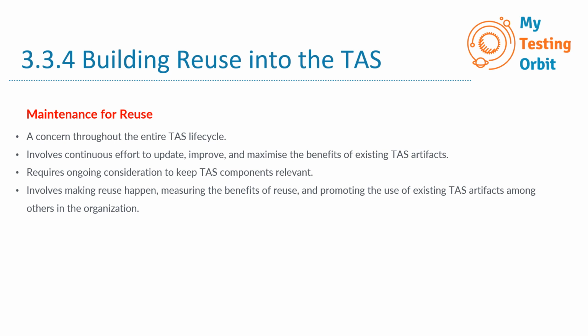This includes measuring the benefits such as time savings and improved efficiency, and demonstrating the value of reuse to others within the organization. So these principles of design and maintenance for reuse play a critical role in establishing and sustaining efficient and effective test automation practices within an organization.